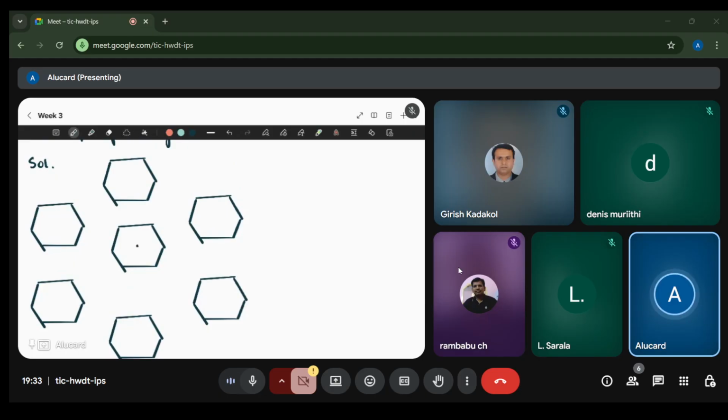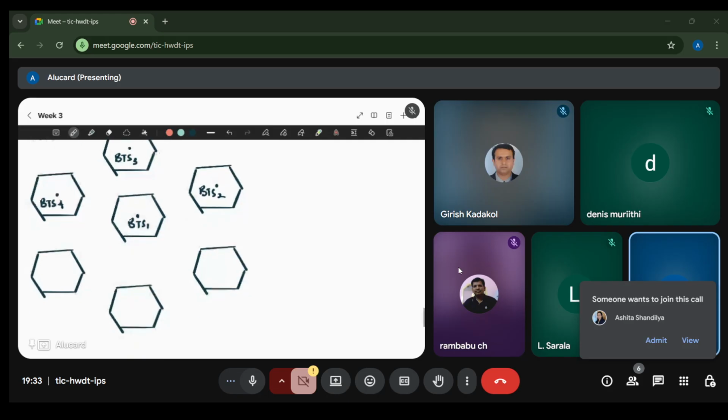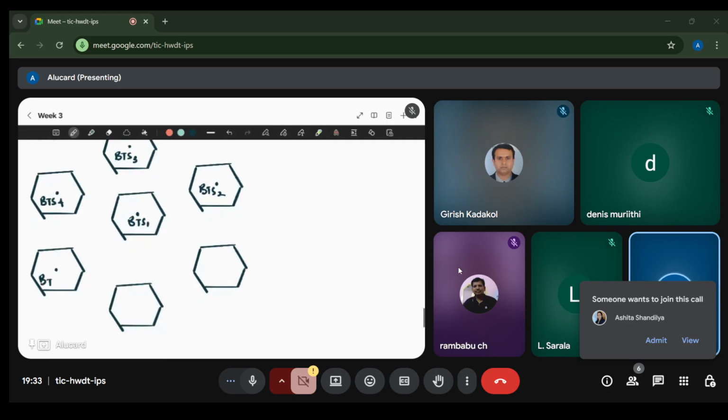Suppose I have my base station at the center. Of course, in real life scenarios, the base station cannot always be in the center of your cell. Ideally, at least we are taking it to be in the center just for analysis purposes.